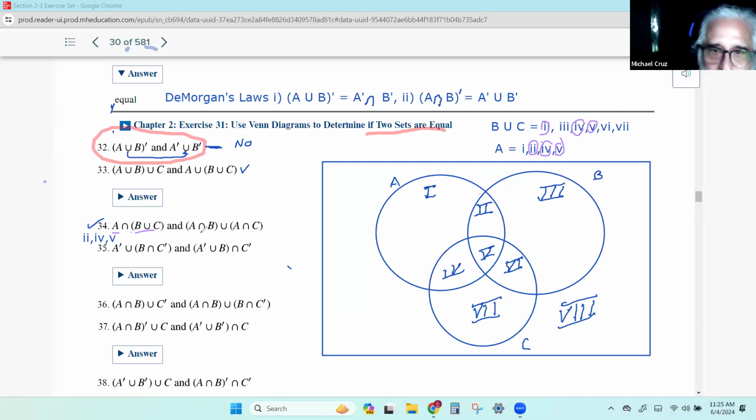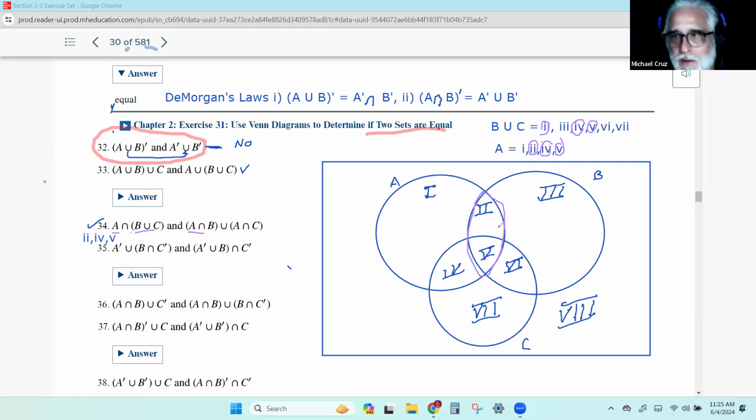Now we got A intersection B. So A intersection B. So we're doing this part. A intersection B is there.